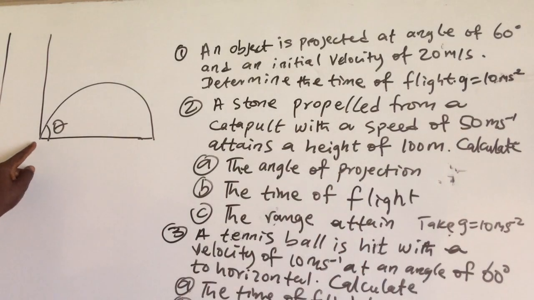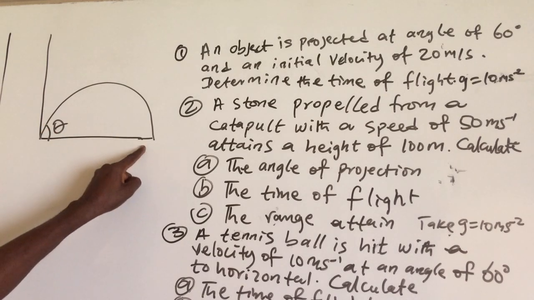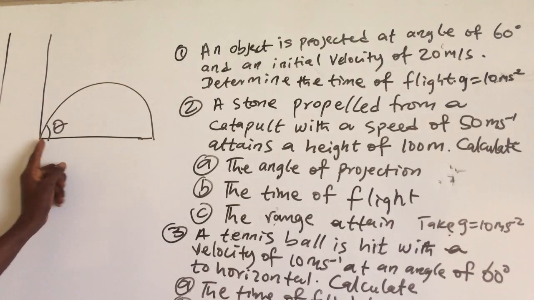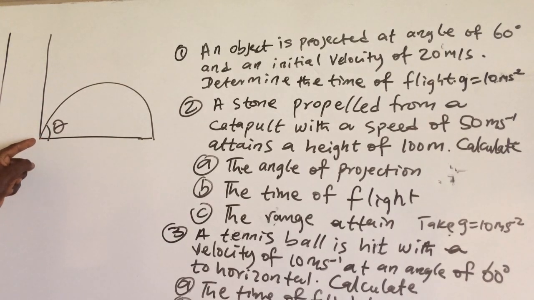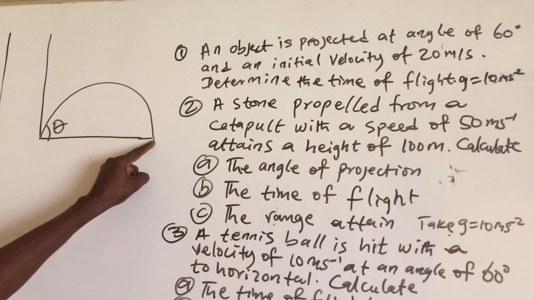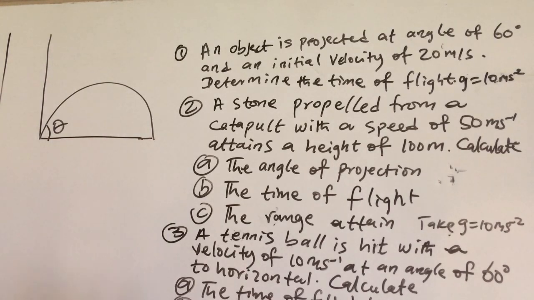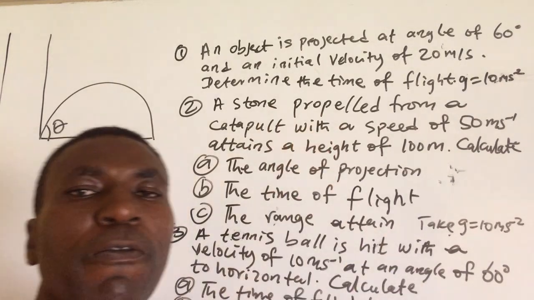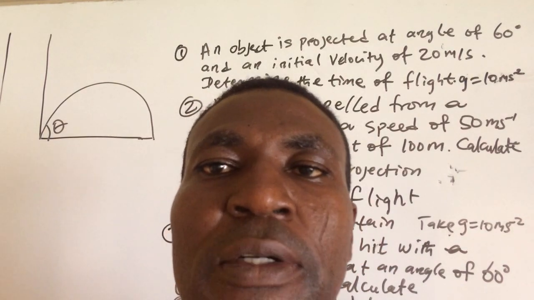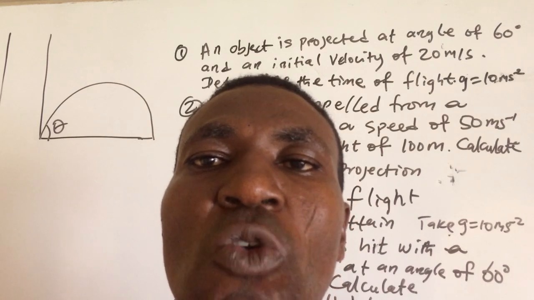For example, if we are here to project the object or to throw it away at an angle, that is the angle between the horizontal and the direction of the object moving, the time it will take this object from here to land here in the same horizontal is what we call the time of flight. So in calculating the time of flight, it has a formula. So let's take the formula then begin to calculate it.